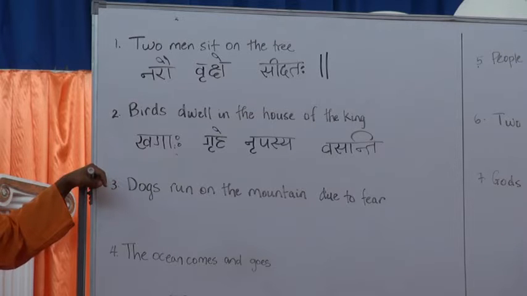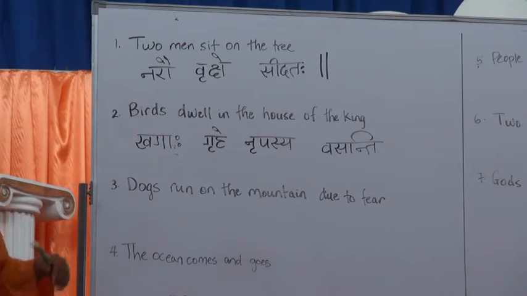No, but that's in sixth case. Kings will be in sixth case. What would have been the objective case? The birds. Yeah. The king's birds.